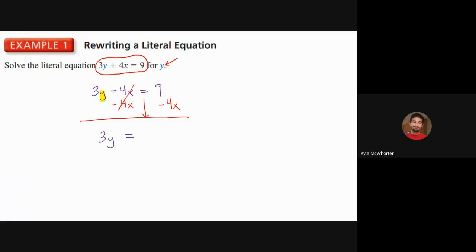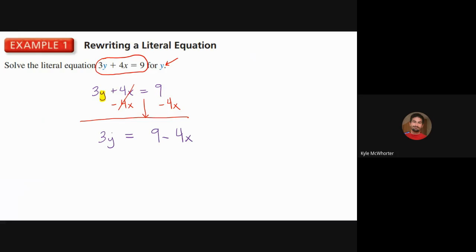When you're doing minus 4x to the right side, you can only combine it with something if it's a like term. Since there's no x on this side, we can't combine these two values, the 9 and minus 4x. So it just stays 9 minus 4x, because at this point we don't really know what x is. You can only combine things if they're like terms, right?